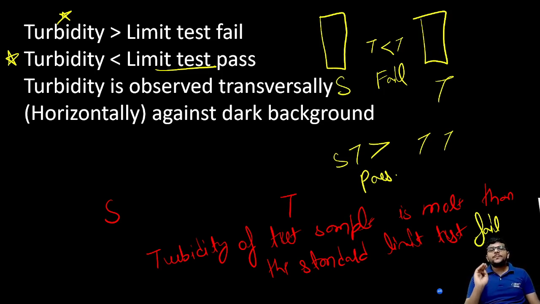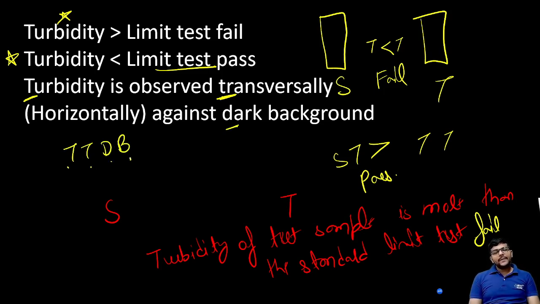So there is a proper procedure to see the turbidity of a limit test: we have to use the dark background, and we have to observe transversely, or horizontally. There is a trick to recall it: T is for turbidity, T is for transverse, and D is for dark background. So TTD means turbidity, transversely or horizontally, dark background.